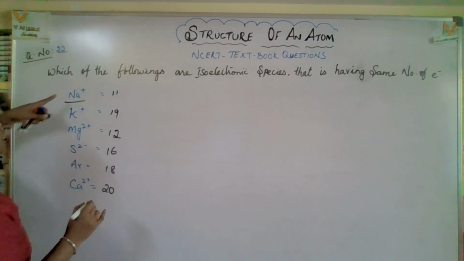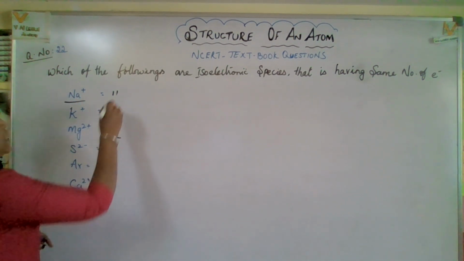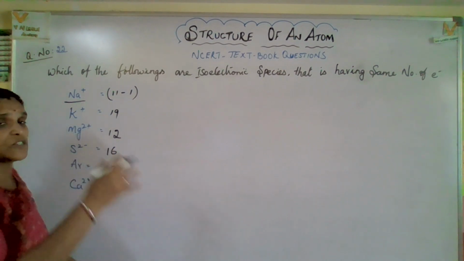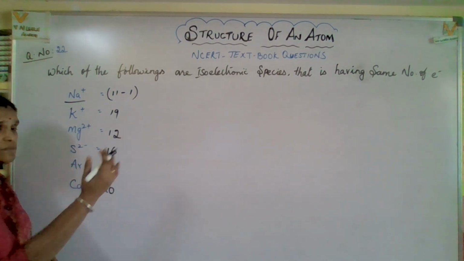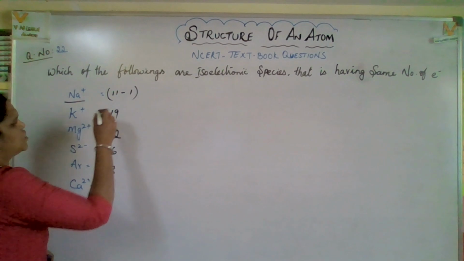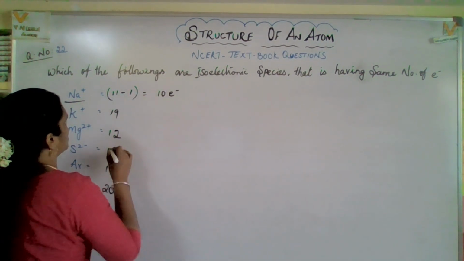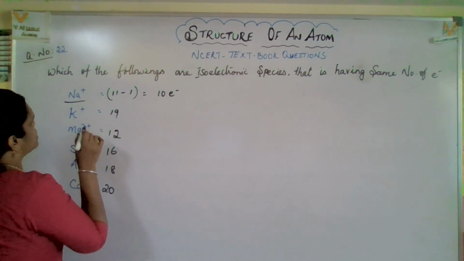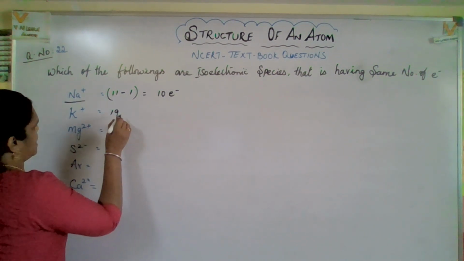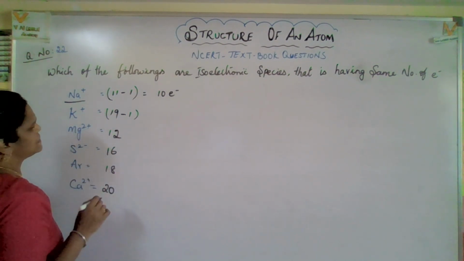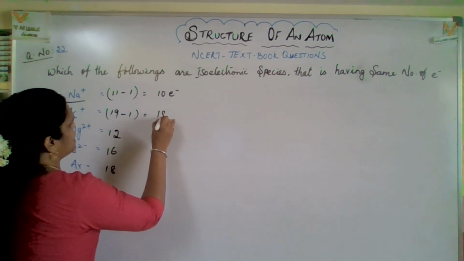Okay, now Na plus, that means here 1 electron is lost. Plus means it's losing electrons, and minus means it's gaining electrons. So here how many electrons are available? 10 electrons. The same way potassium has 19 electrons, minus 1, so that means 18 electrons.